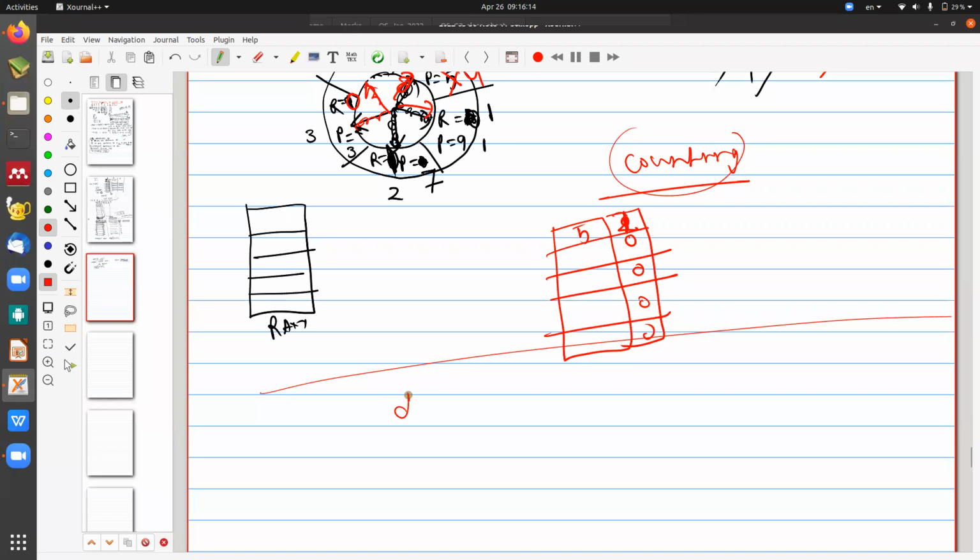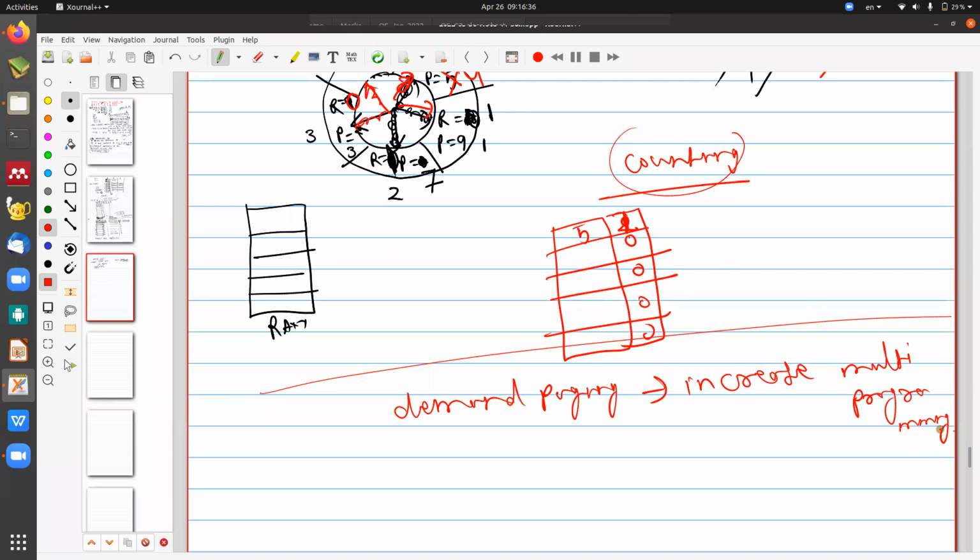Now we can say demand paging somehow leads to increasing multi-programming. Is it correct or wrong? Can demand paging increase multi-programming?